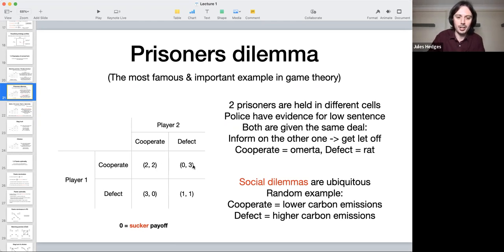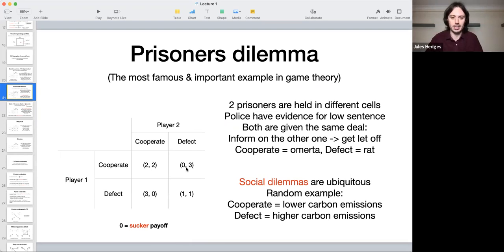Sorry, this is the wrong way around. Player one stays silent, so player one gets the longest possible sentence, which is 0. Player two rats and gets let off, which is a payoff of 3.